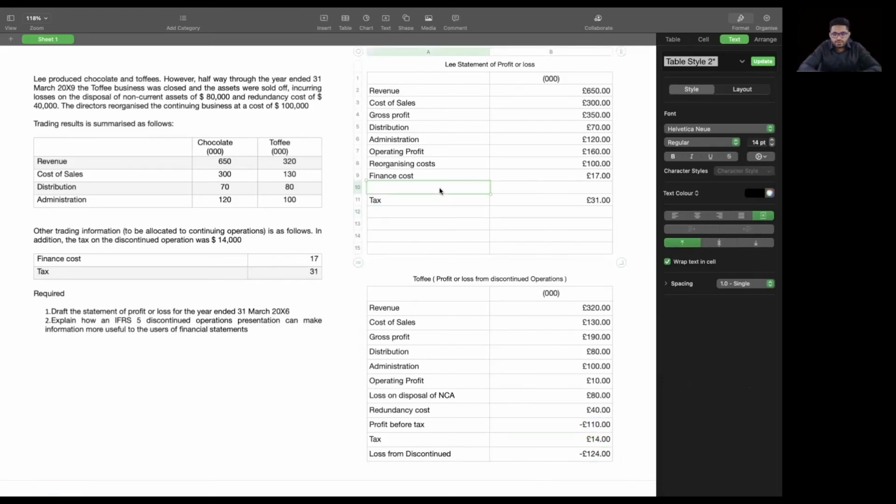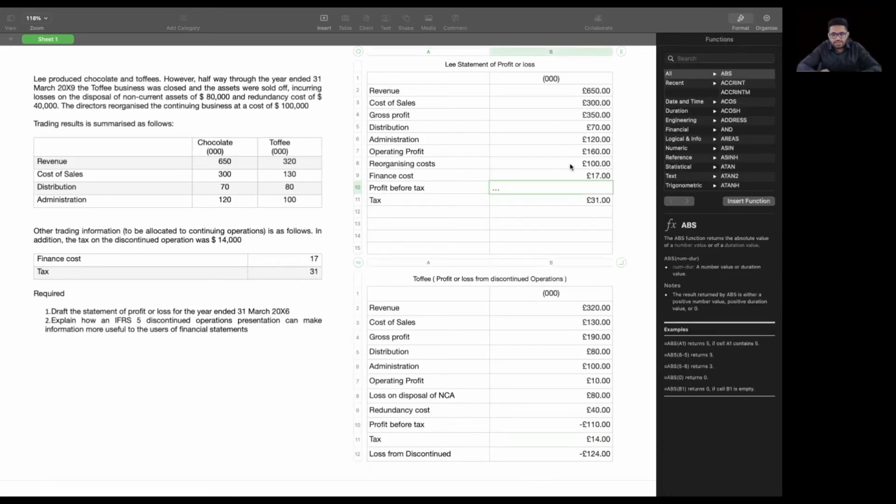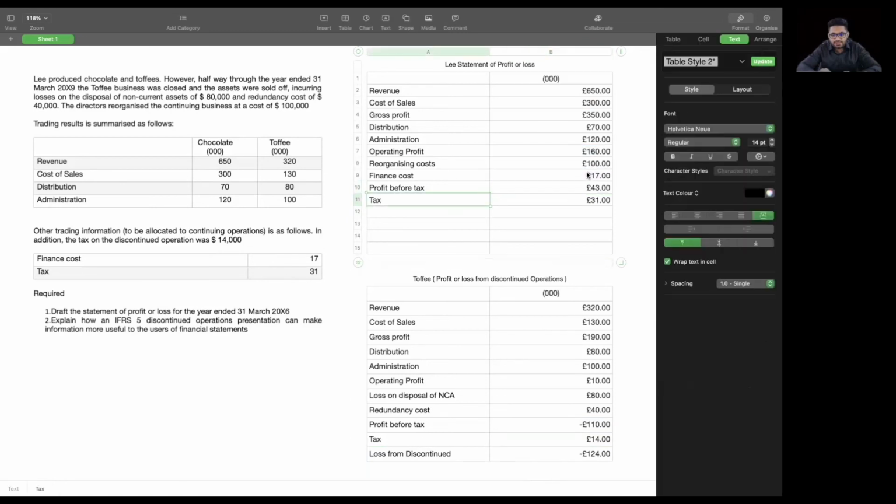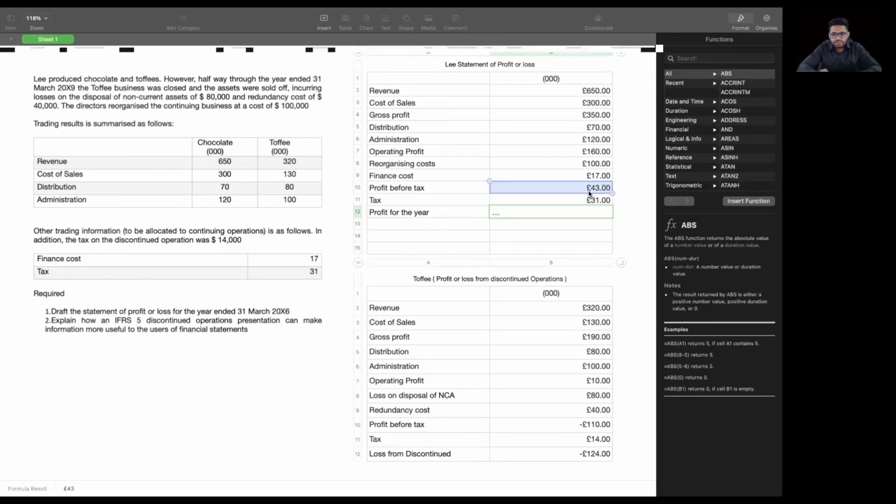So here under your main financial statement, your profit before tax is going to be the operating profit of 100 minus the reorganizing cost of 100 minus the finance cost of 17. So that's going to be 43. The tax is 31. So you have the profit for the year. So the profit for the year is going to be 43 minus the tax of 31.